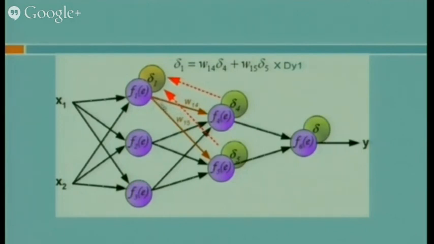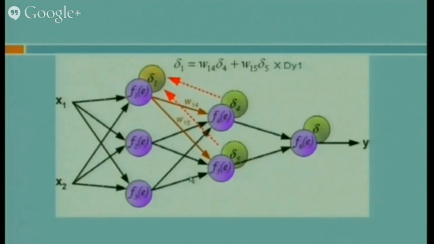Because the connection from the first neuron goes to both of these neurons. So delta 4 multiplied by W14 plus delta 5 into W15, the whole multiplied by the derivative of this output, that is the derivative of Y1. Clear? Right?